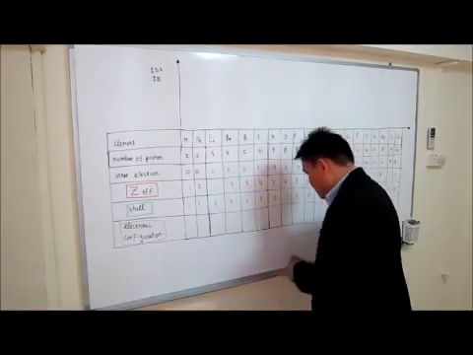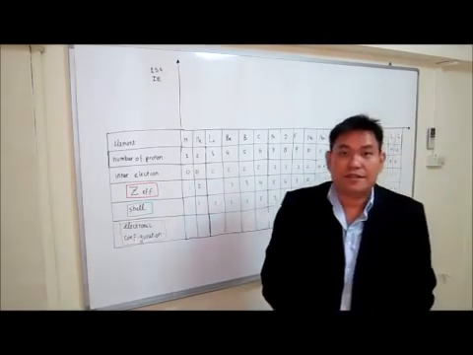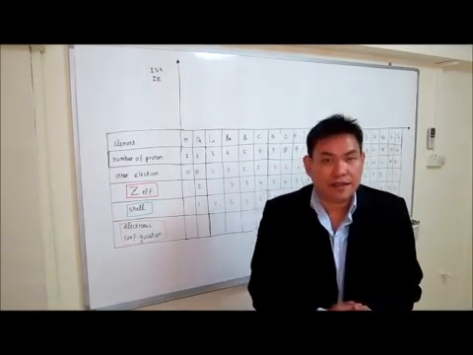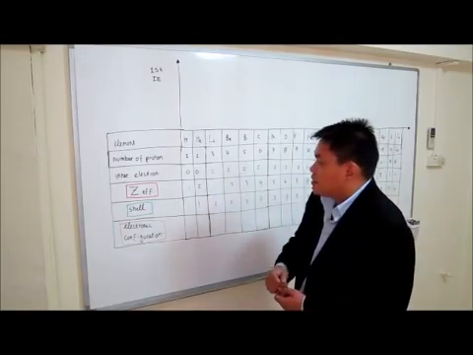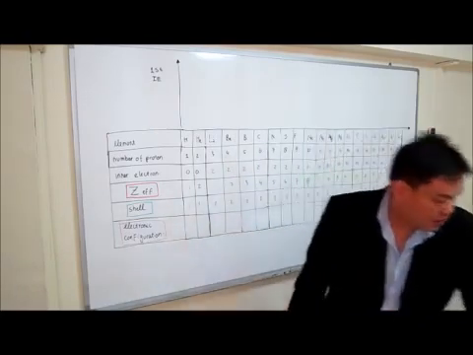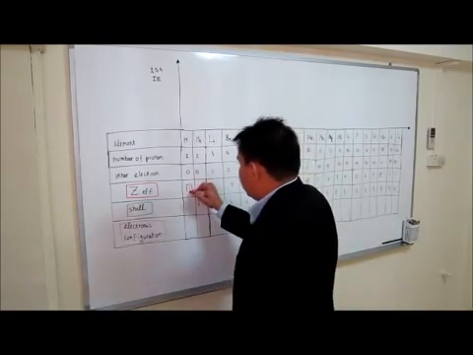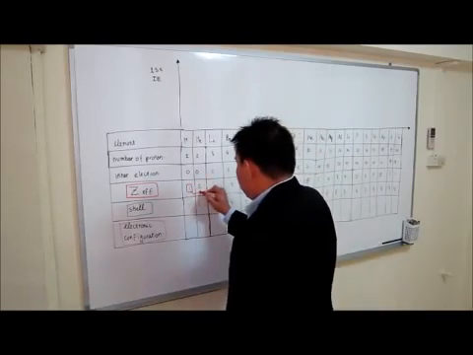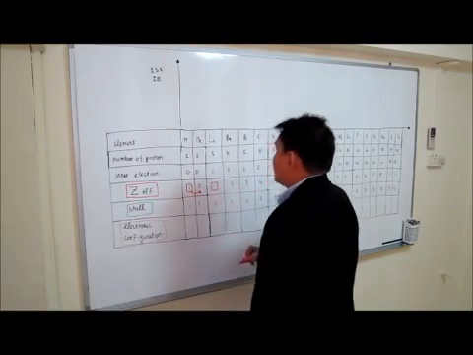We are going to draw the trend here. Effective nuclear charge. The higher the effective nuclear charge, the more difficult it is to remove the electron, so the first IE will be higher. So this red arrow represents increasing IE. From hydrogen to helium will be increasing.